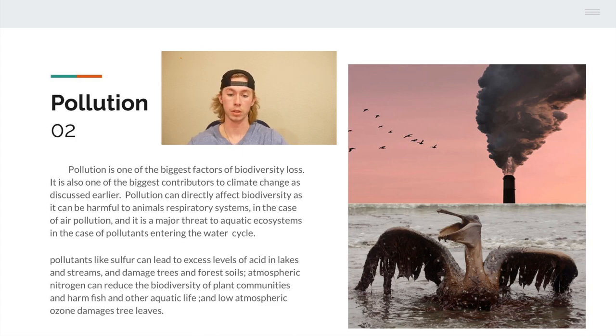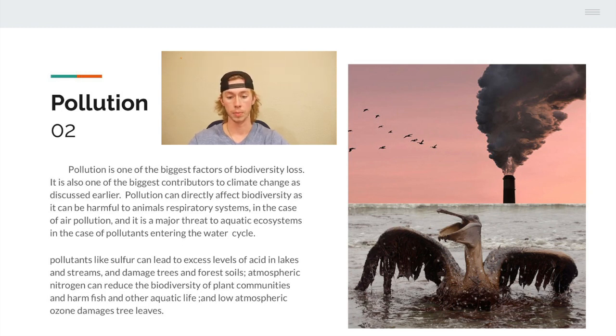The second one is pollution, and pollution is also one of the biggest contributing factors to climate change, as I just talked about. And pollution can directly affect biodiversity loss in the fact that, like you can see here in the image of the bird, oil spills are a major pollution problem that greatly affects ocean life, as well as bird species and any other life that uses the waters that are polluted in this way.